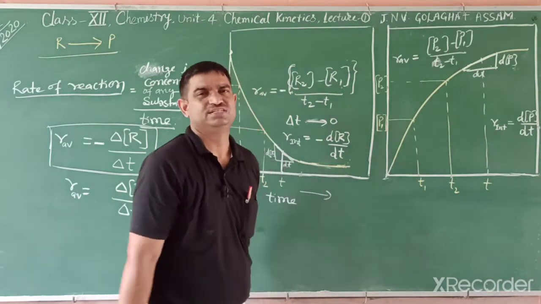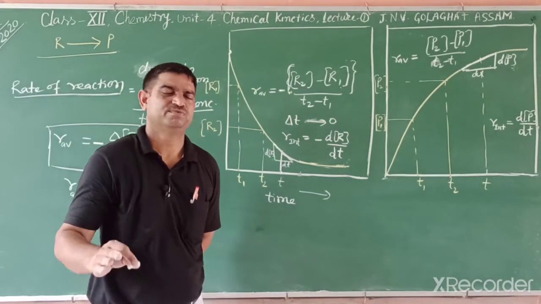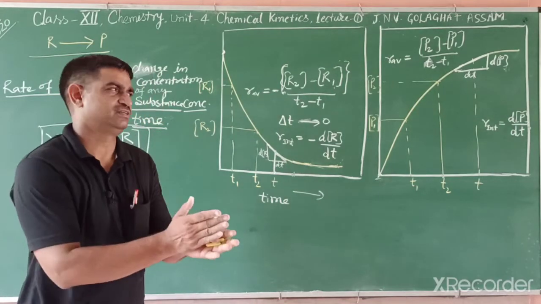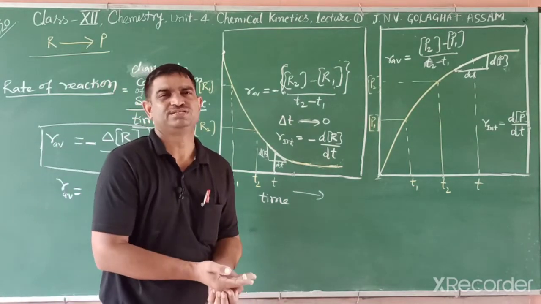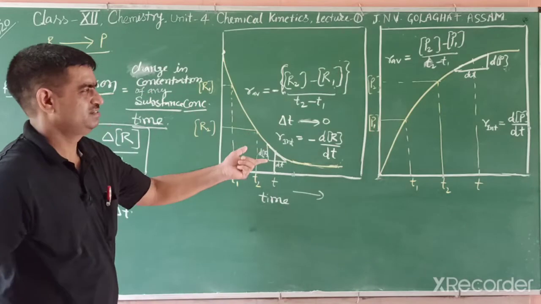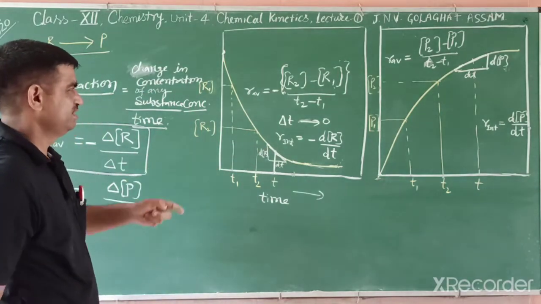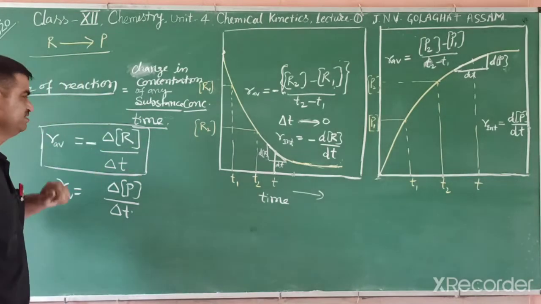So students, these both terms are very important. One is average rate, like the change in concentration from final to initial, and the other one is instantaneous at a particular point. The only difference is that in place of delta, we write d.